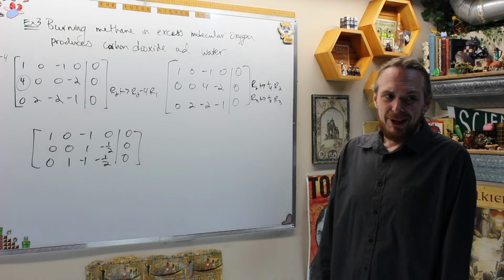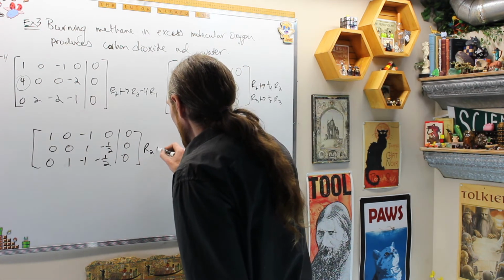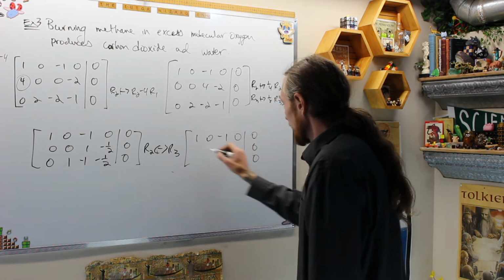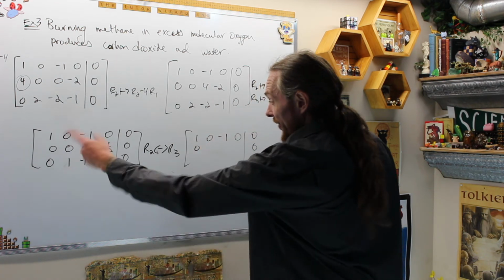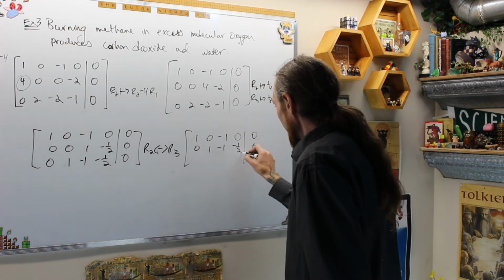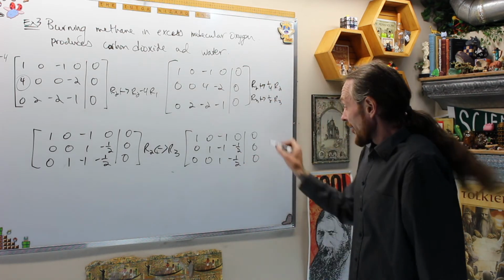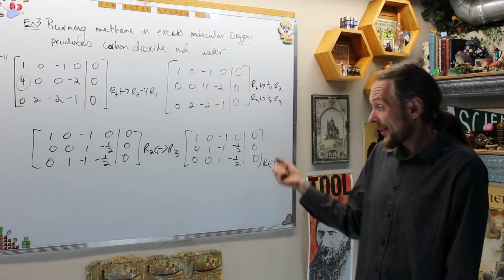Am I in REF? Not quite. These guys are in the wrong position, so interchange rows 2 and 3. Flip those: 1, 0, minus 1, 0, then 0, 1, minus 1, minus 1/2, then 0, 0, 1, minus 1/2. Now I'm in REF. Once in REF, I can find the solution.